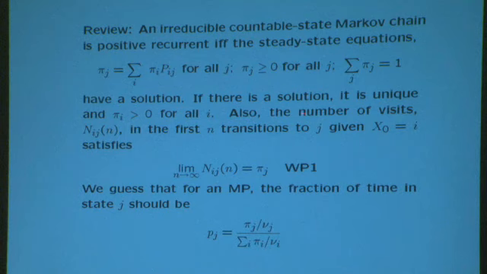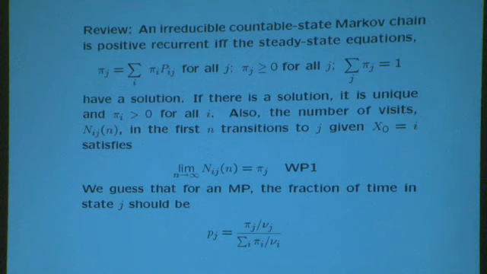Also, the number of visits, n sub i j of n. Remember in a Markov chain, what we talked about when we used renewal theory was the number of visits over a particular number of transitions from i to j.